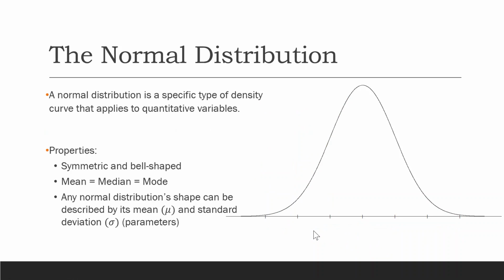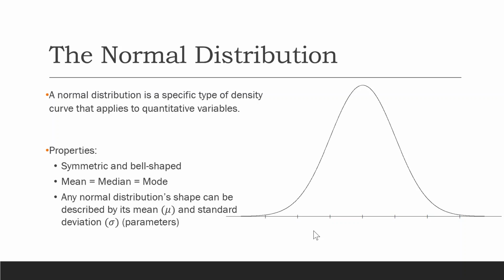It is bell-shaped, so most of the observations are in the middle of the graph, and there are fewer observations on the tail ends of that distribution. The mean and the median are equal to each other. They're at the center, the line of symmetry. And in the same way that we did with histograms, your mode is the peak of that distribution. And so in this case, we can say our mean, median, and mode are equal to each other.